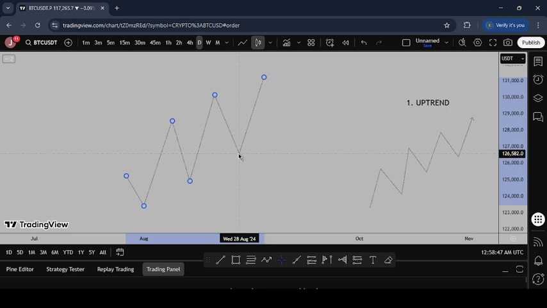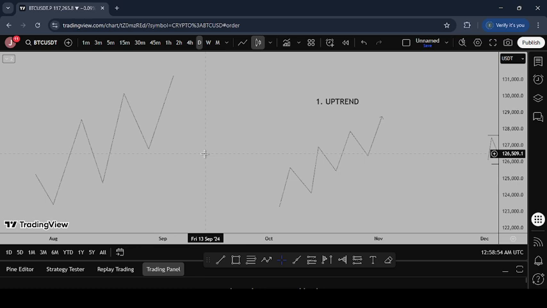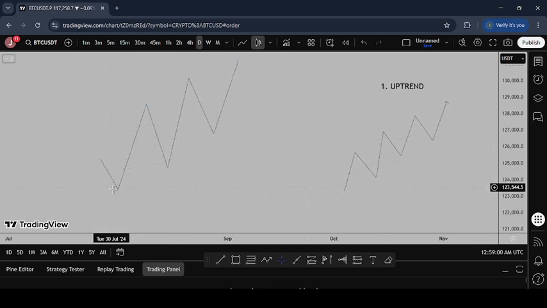Now, how do we want to catch moves in an uptrend? How do we trade along with the trend? In an uptrend, we want to catch a trade when the market retraces into the zones where it made an impulsive move. This low to this high is a swing movement.